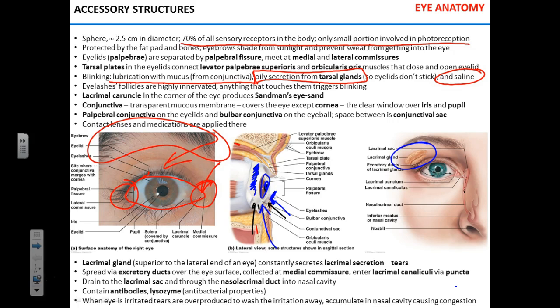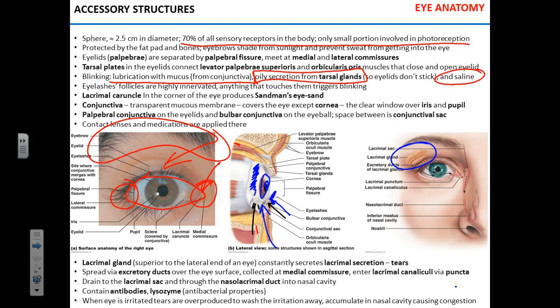So if I say cranial nerves, which four nerves are carrying parasympathetic fibers? Facial. Nope. Facial, vagus, oculomotor, glossopharyngeal.